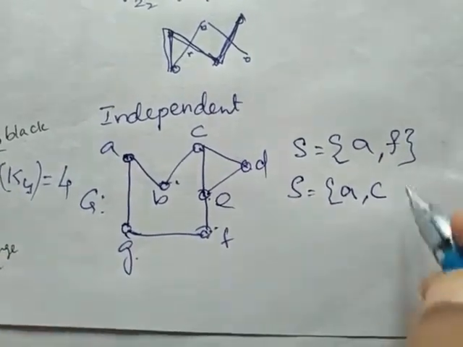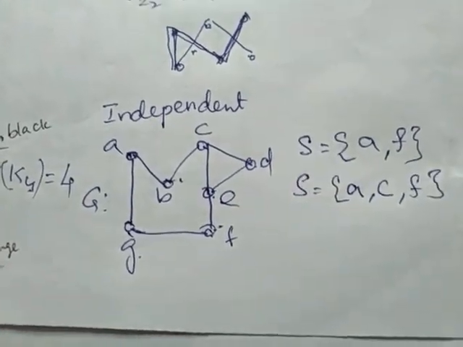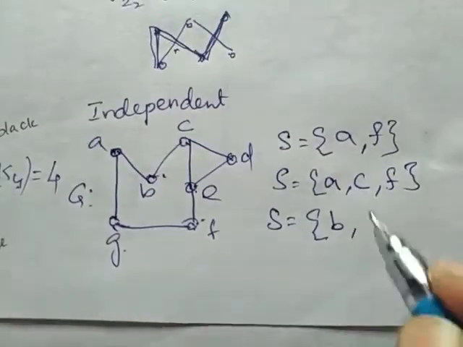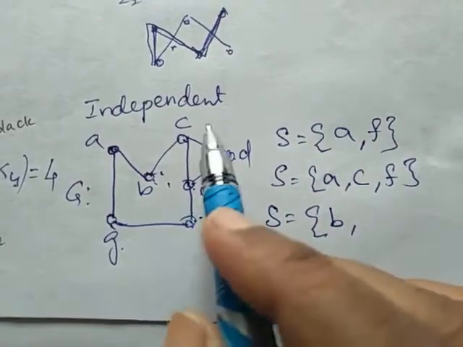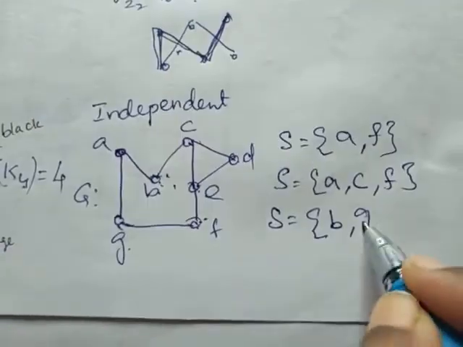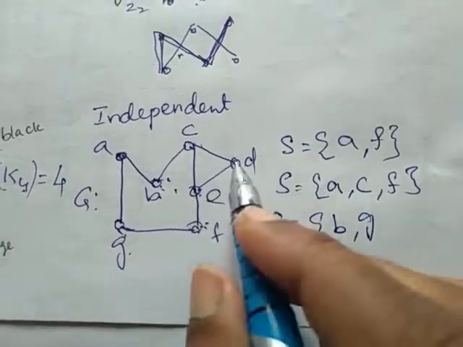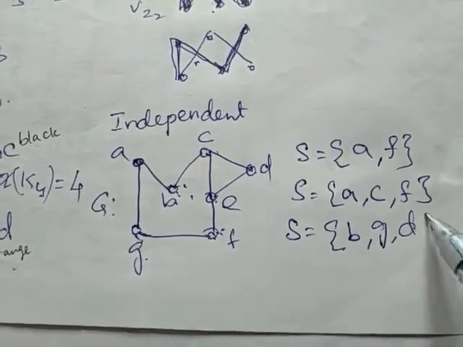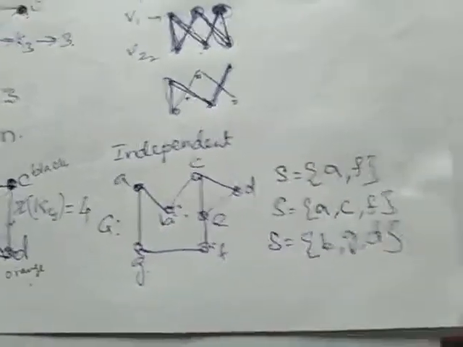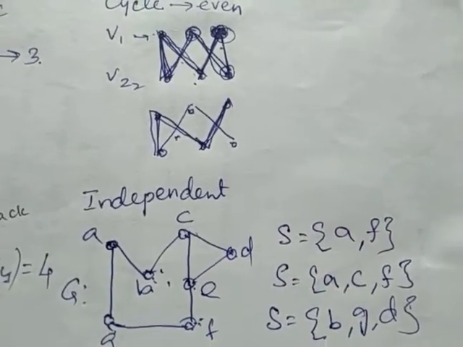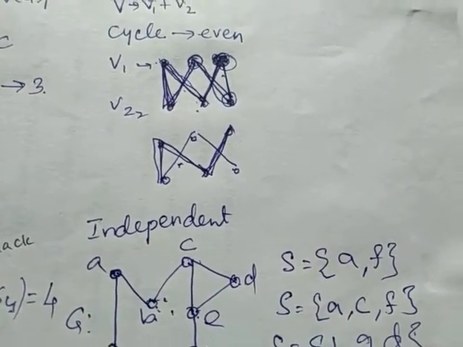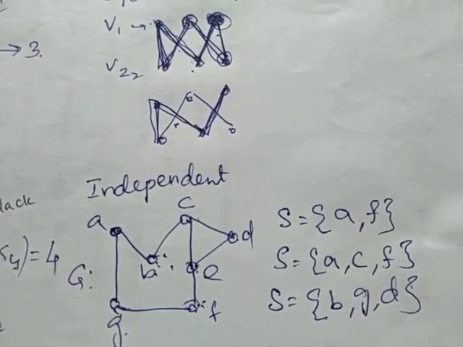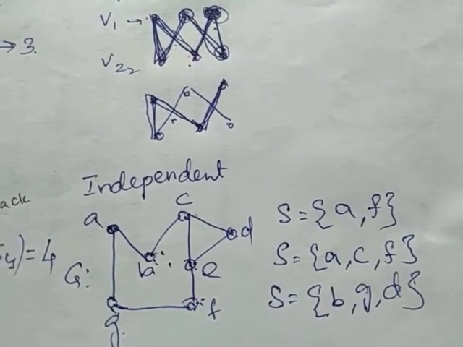I will take F. Another example, if I consider B, A is adjacent to B, C is also adjacent to B, so I'll take G. F is adjacent to G, so I'll take D. In this way we can write a number of sets. Such sets we call independent sets. So in an independent set, no two vertices of S are adjacent to each other.